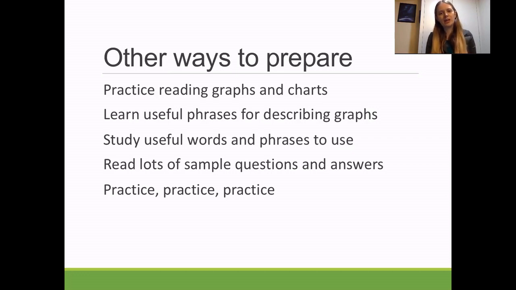Same with speaking practice. It's easy to read something, but when you have to think quickly and put it in your own words, it becomes more difficult. So the number one thing to do is to practice as much as possible. So be sure that you are writing as much as you can, especially sample questions for the test.